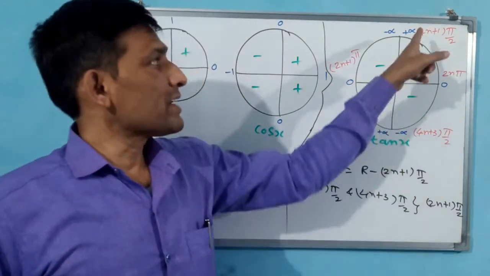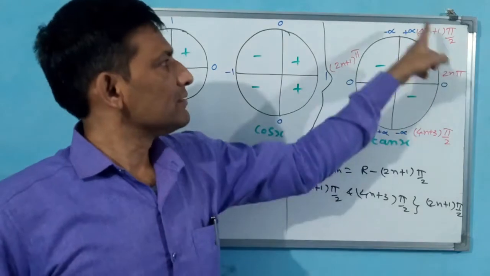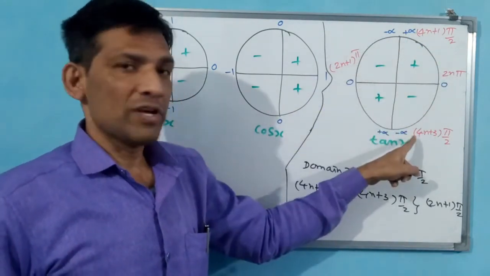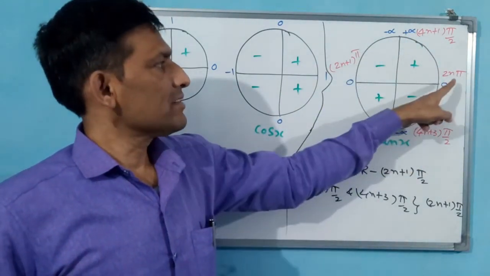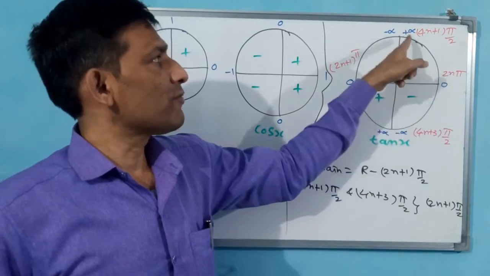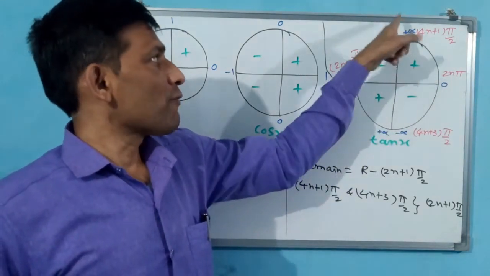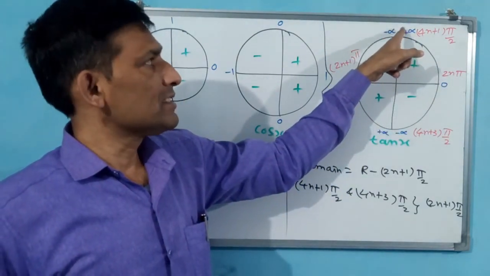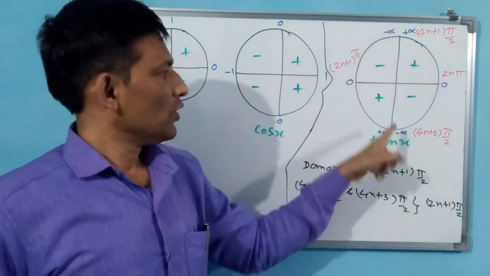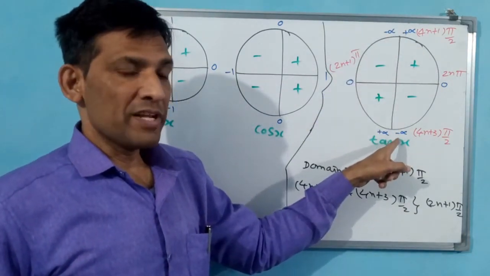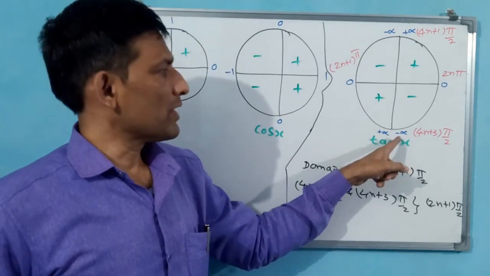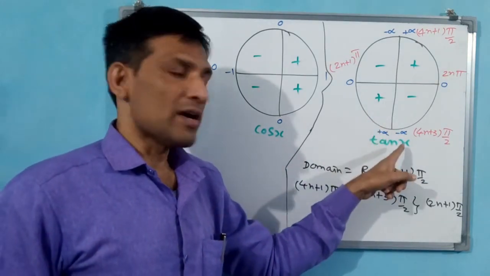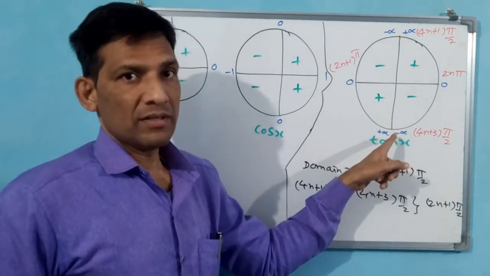See, if you want to write 90 degree, or again, this is 90, 270. Again, 360. After 360 plus 90, 450. 90, 450, like that, this is the position. 270, 270 plus 270, 540. 270, 540, like that, if you want angle, this is the position.